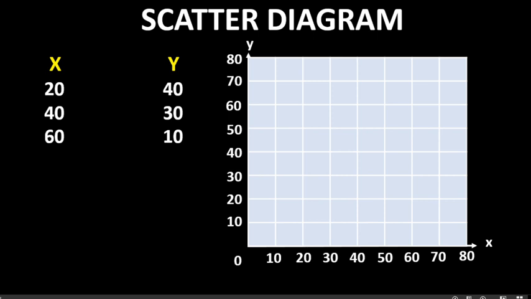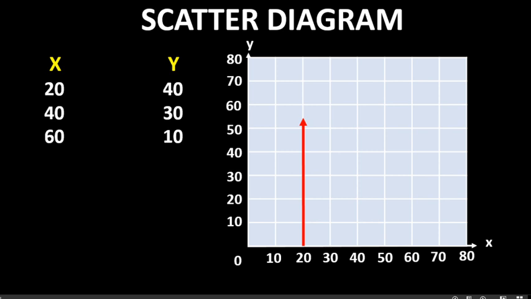Now we'll take the first pair of x and y. In that, x is 20 and y is 40. To draw the point on the basis of this pair, first we go to the x-axis, and from point 20, because x is 20, we go upwards as shown on the screen.